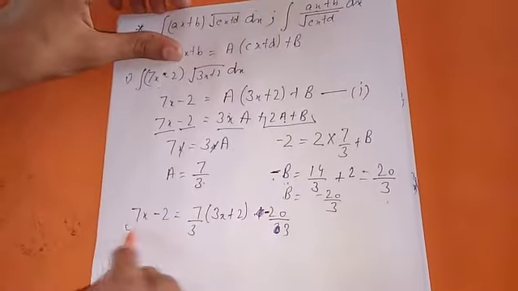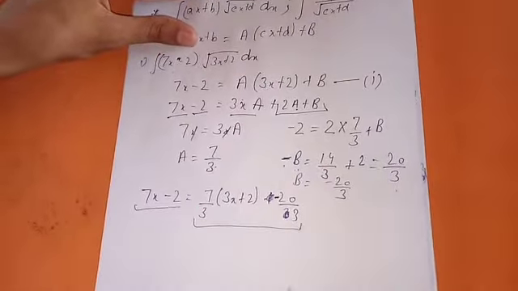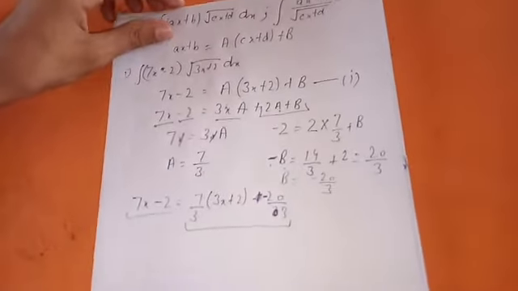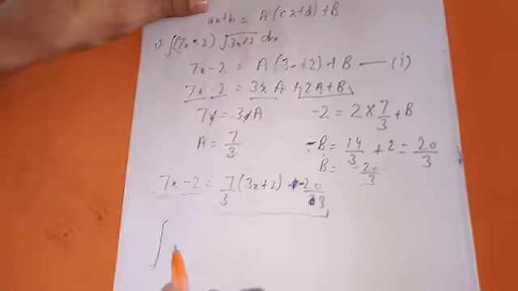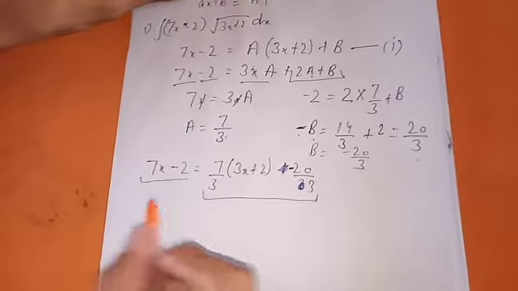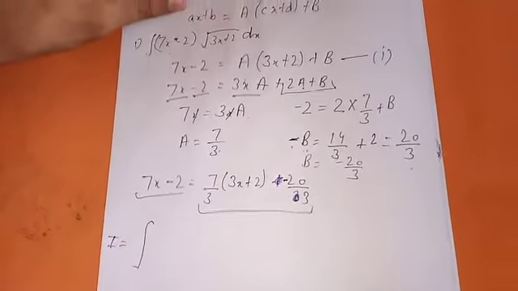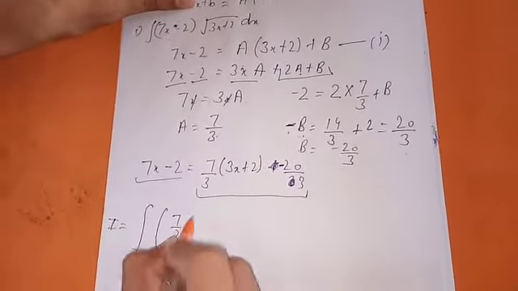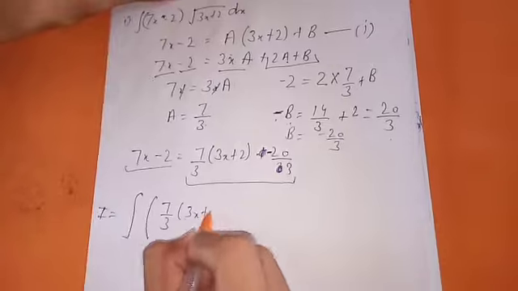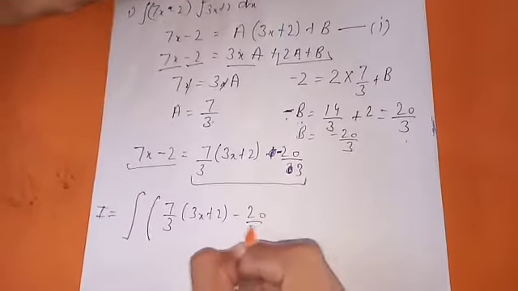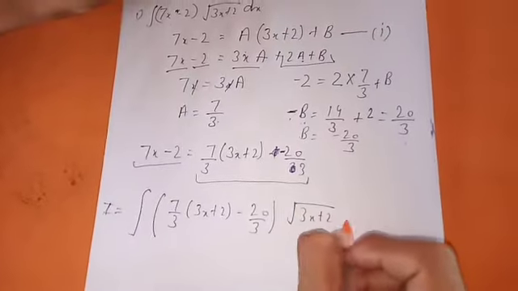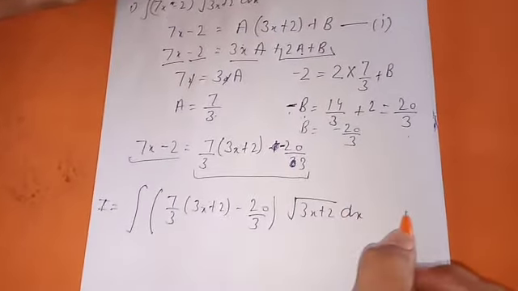Now we can replace this whole by this in our question. So we can say I is our integration. I is equal to the integration of [7 by 3 (3x plus 2) minus 20 by 3] into root of (3x plus 2) dx.